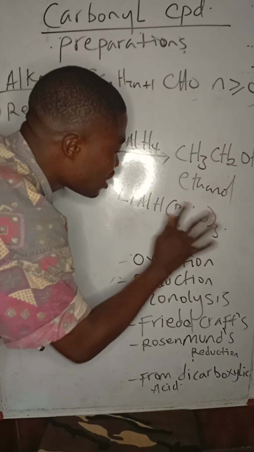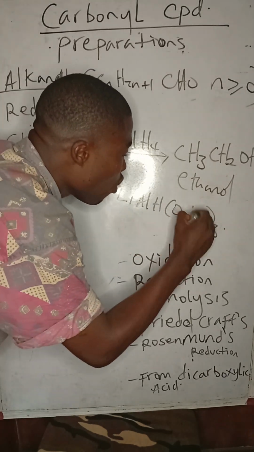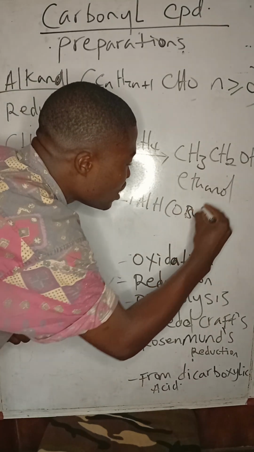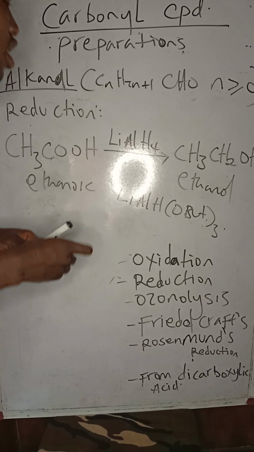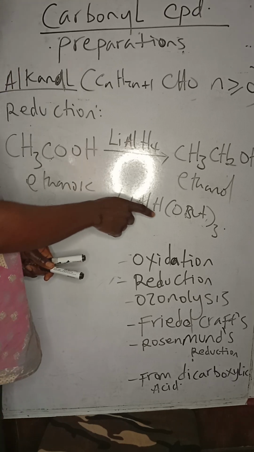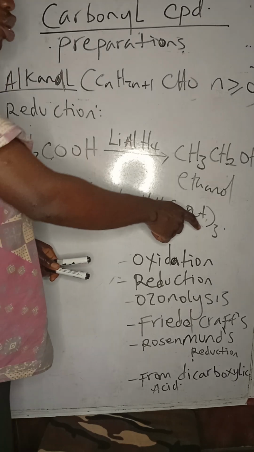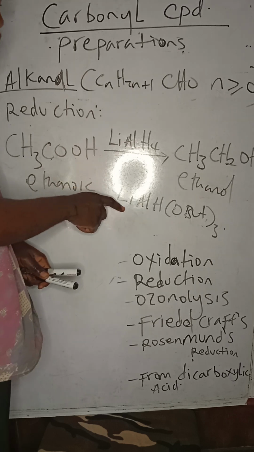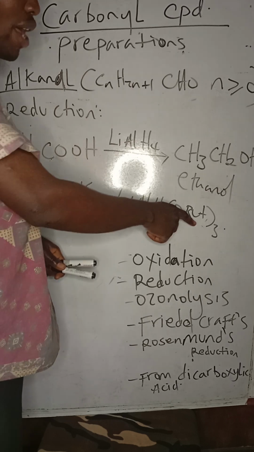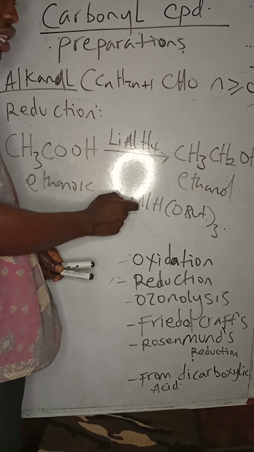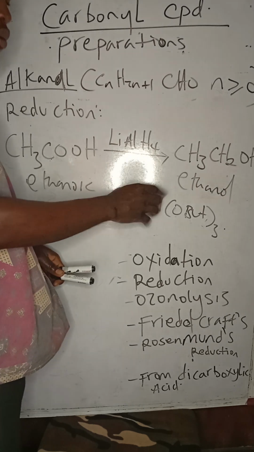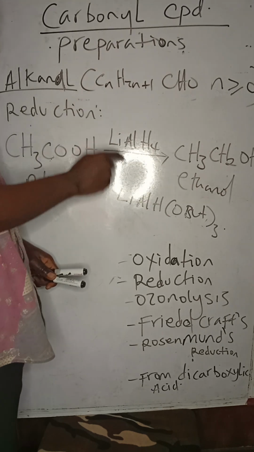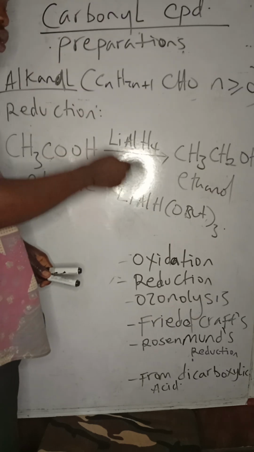Many write it like this. This reducing agent is called lithium hydridotributoxyaluminate(III). This is a weaker reducing agent compared to LiAlH4.